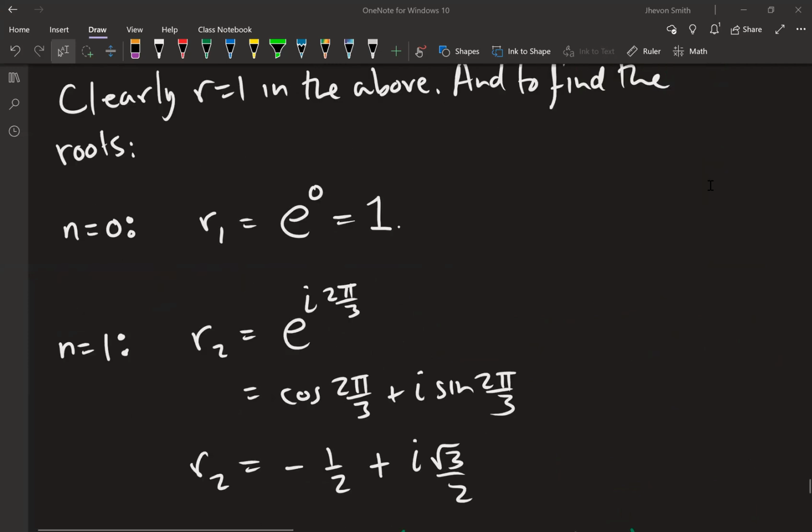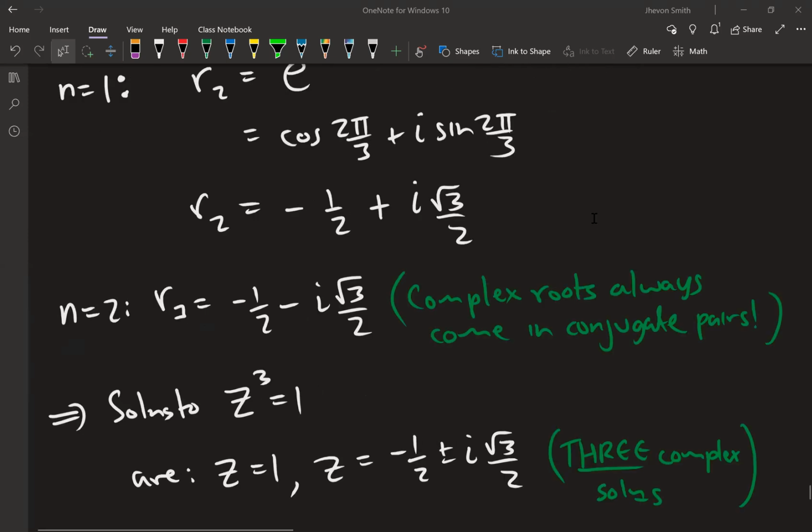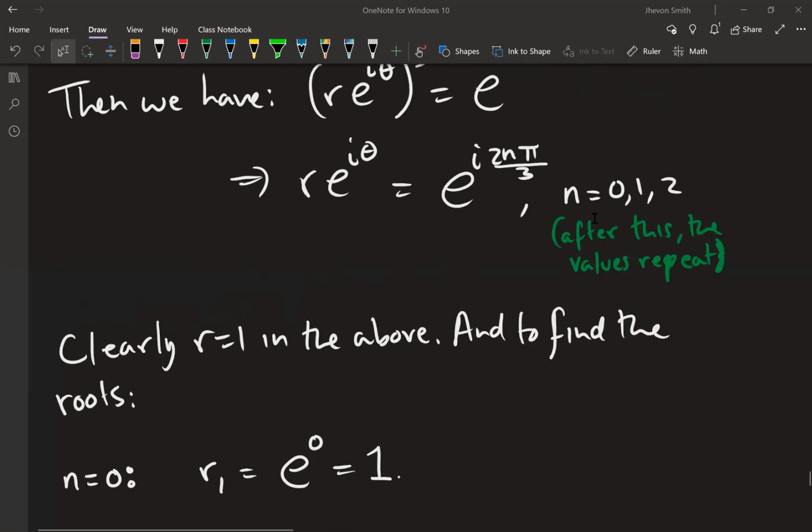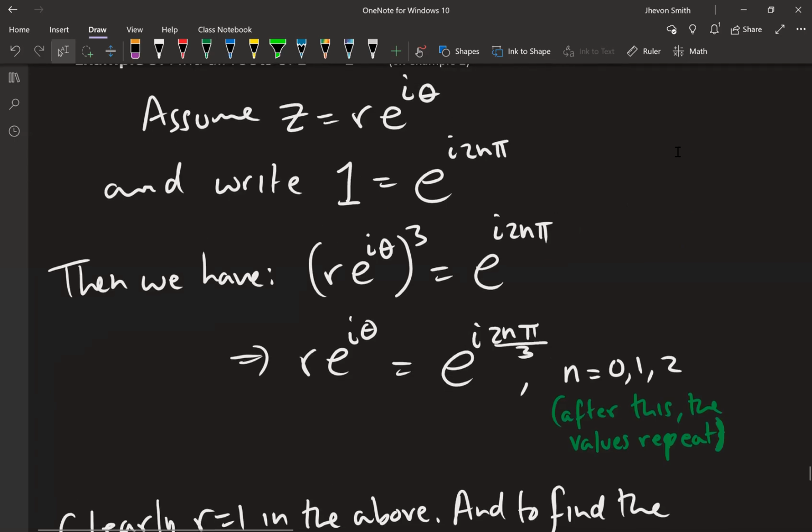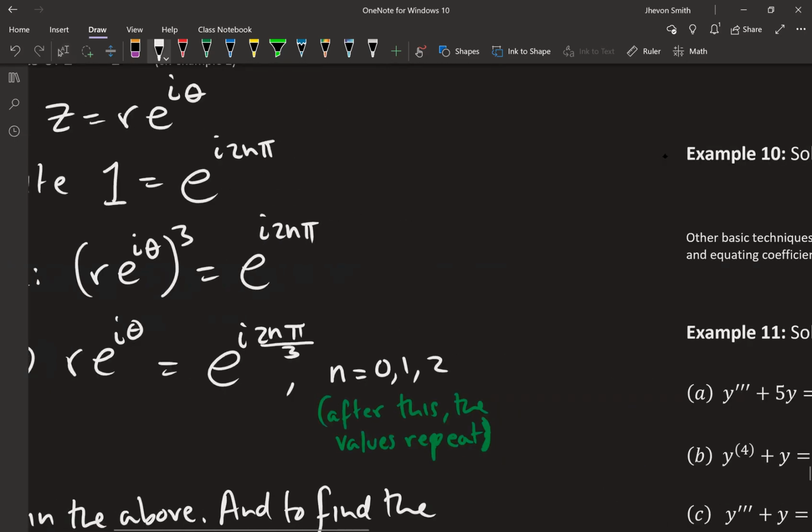How did I choose n equals 0, 1, and 2? Pretty much at random. What the 2n pi over 3 tells me is that I took 2 pi and I split it into 3 equal sections. So there's going to be an answer 1, 2, 3.